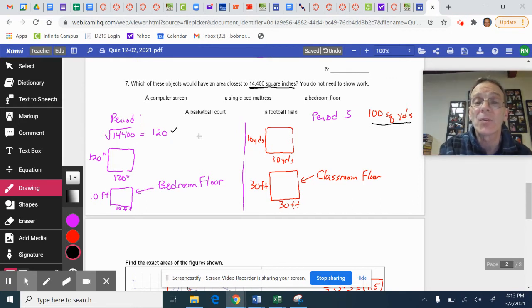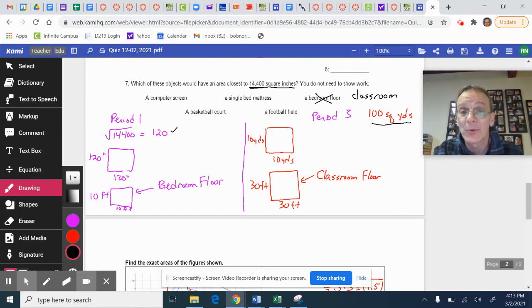So if you have a square that is 10 yards on each side, it's going to be 30 feet on each side. Now, in period 3, you did not have the choice of a bedroom floor, but you did have the choice of a classroom floor, which is considerably bigger than pretty much anybody's bedroom, but not nearly the size of a basketball court. 30 feet by 30 feet, that's pretty darn close. That's really, really close, actually, to the size of our classroom floors. So that would be the best choice there.